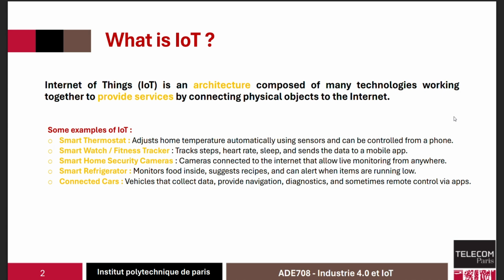Second example, we have smartwatches and fitness trackers, of course, for heart rate, sleep schedule, etc. We have smart homes, security cameras, a smart refrigerator. We can push this idea higher and even suggest new recipes to prepare based on what we have in our refrigerator. And of course, ad hoc communications like connected cars, smart cities, etc.